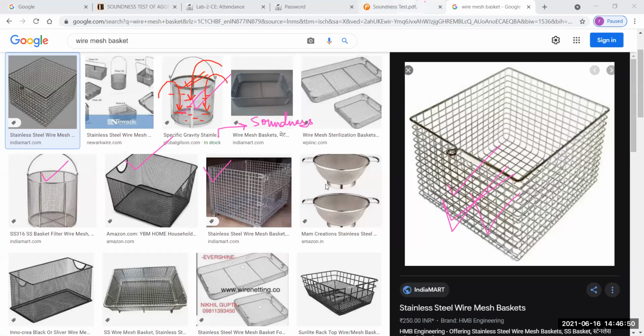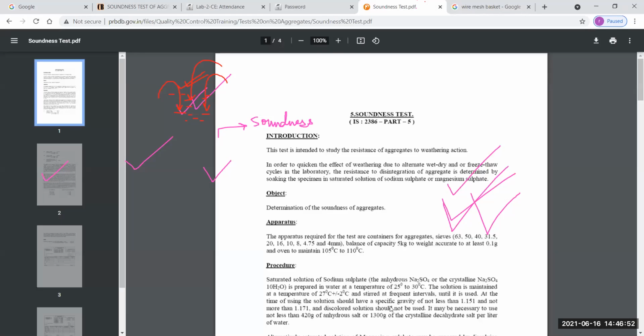So basically our objective is, is it visual to everyone, soundness test? Yes, sir. Okay, so basically the objective of this test is to study the resistance of coarse aggregate to weathering action and to judge the durability of our coarse aggregate.